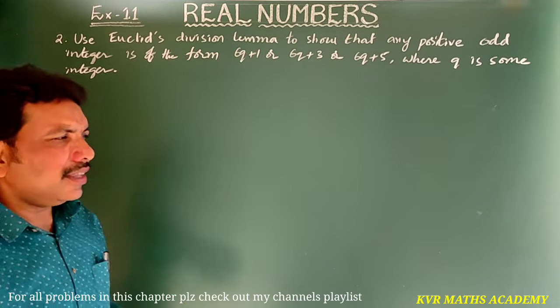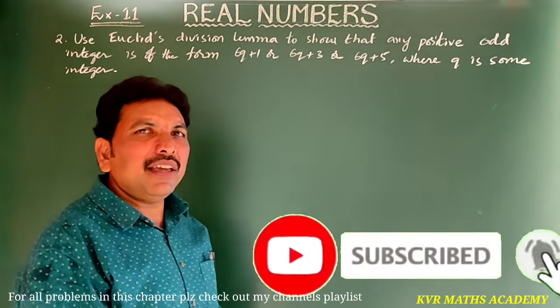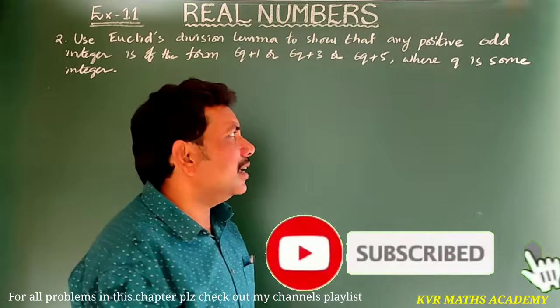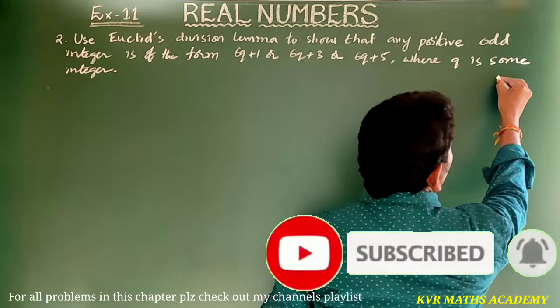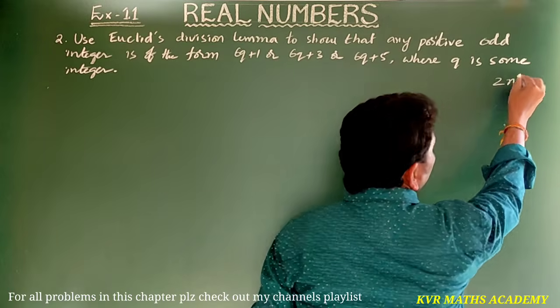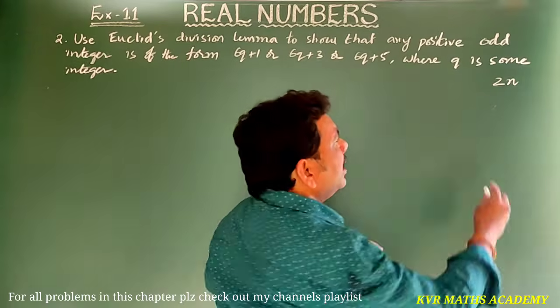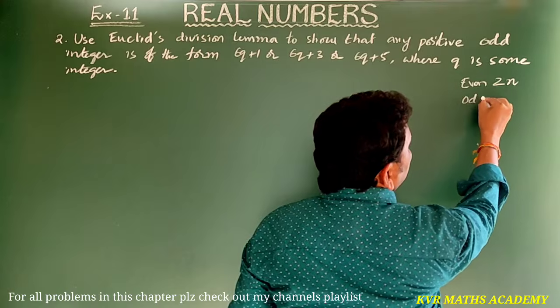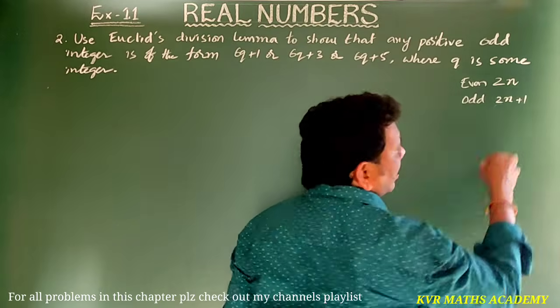So actually, what is the general form of the even number? General form of the odd number? Yes, general form of the even number is 2n, right? So odd is 2n plus 1.